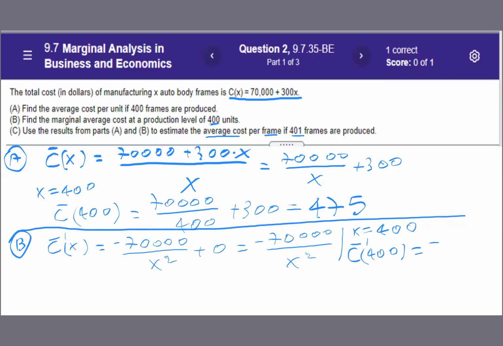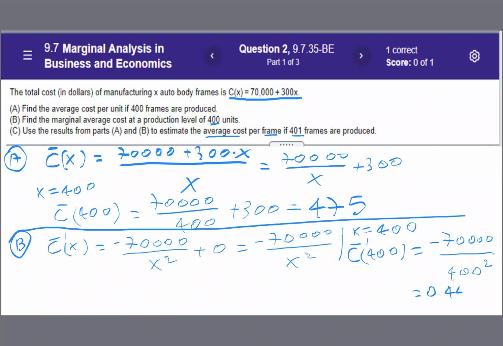We're plugging in 400 for X. 70,000. 0.44.